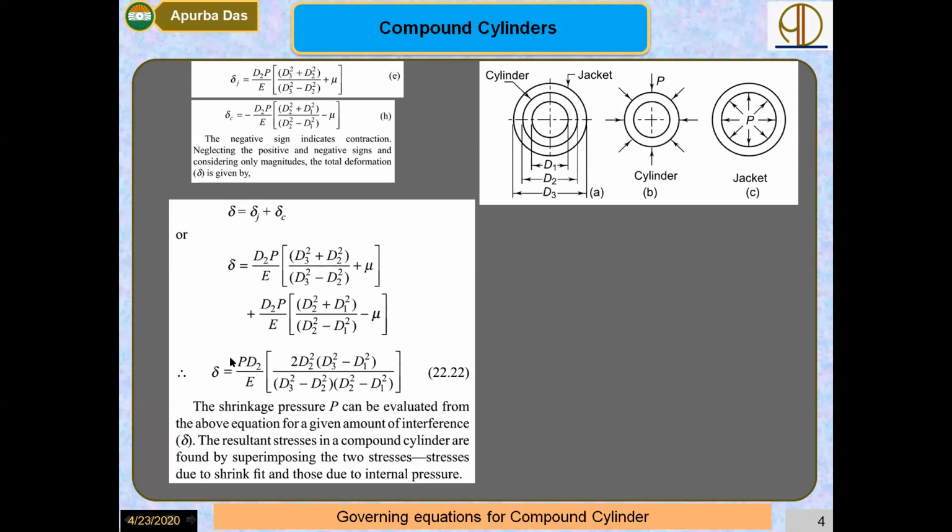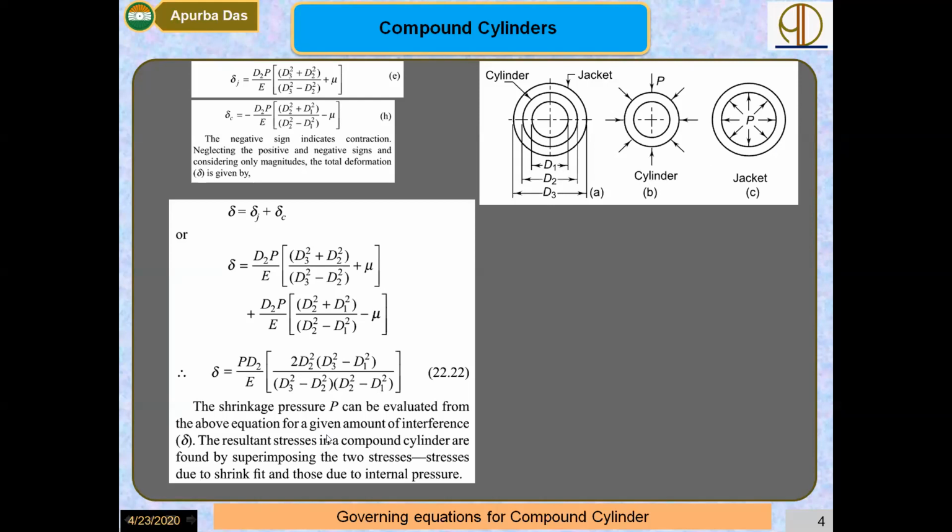Total deformation is equal to P d2 by Young's modulus into 2 d2 square (d3 square minus d1 square) divided by (d3 square minus d2 square)(d2 square minus d1 square), where d1 is the inside diameter of the cylinder, d2 is the outside diameter of the cylinder or inside diameter of the jacket, and d3 is the outside diameter of the jacket.